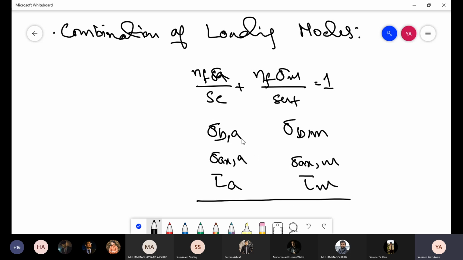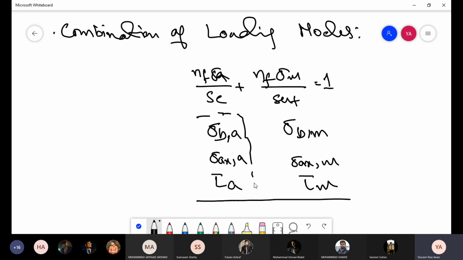So to use this equation in the presence of all these loads, we need an equation that can combine these three values into a single equation. Do we know of any equation that can combine these stresses and give us a single number?